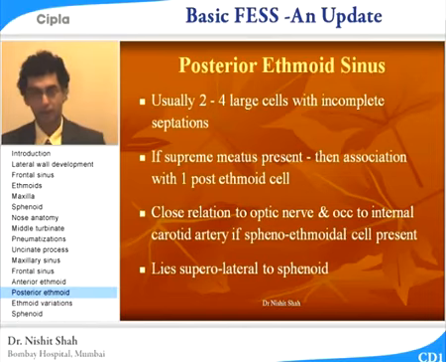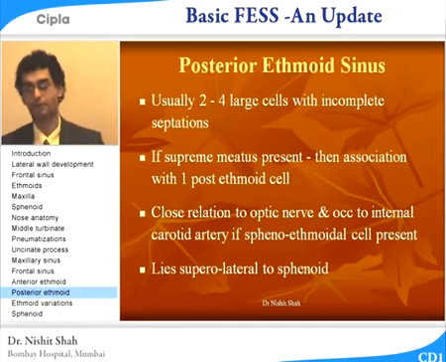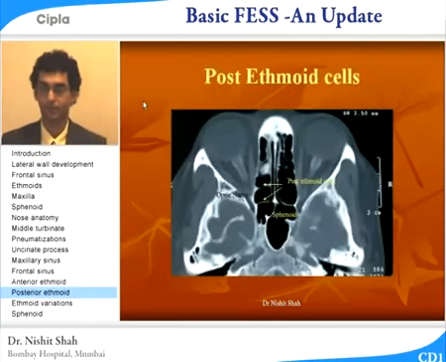You must remember it's related closely to the optic nerve and the carotid artery, especially if there's an Onodi cell, and it lies superolateral to the sphenoid. The sphenoid in relation to the ethmoid is inferomedial. So to open into the sphenoid you must go inferiorly and medially, whereas if you go in a straight line and continue superiorly, you're then in the posterior ethmoids.